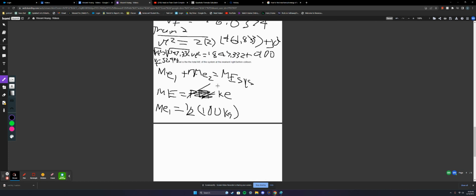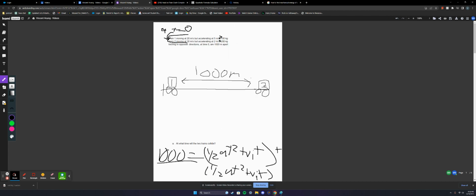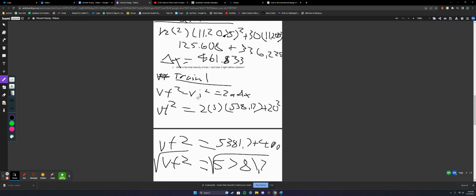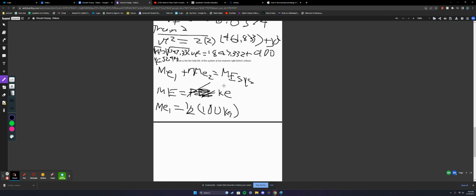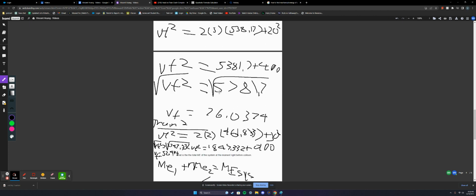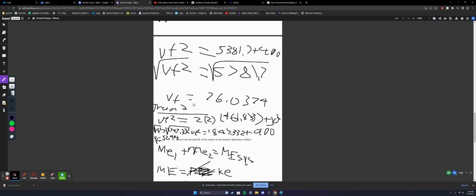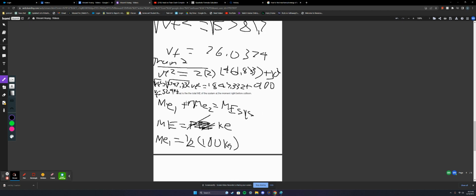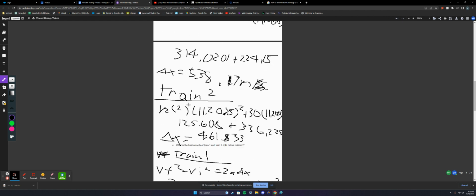However, remember what's asking us. What is the total mechanical energy of the system at the moment right before collision? Therefore, we can't use the initial velocity. That would be wrong. We have to use the velocity at the moment right before collision, which is the final velocity. And what did we just find in part C? The final velocity. So we find train 1 final velocity in part C.